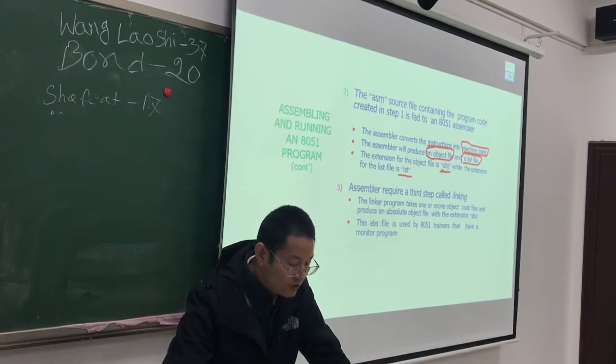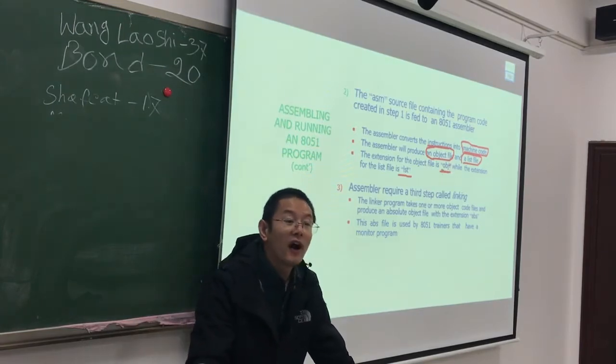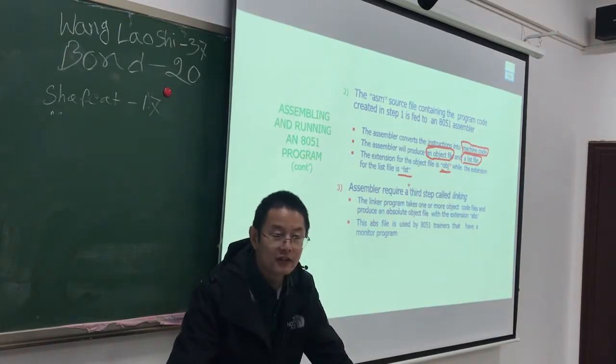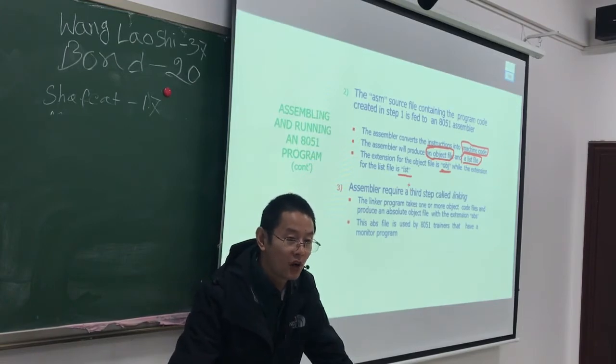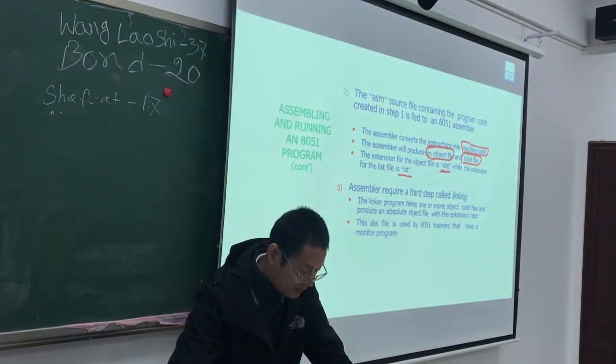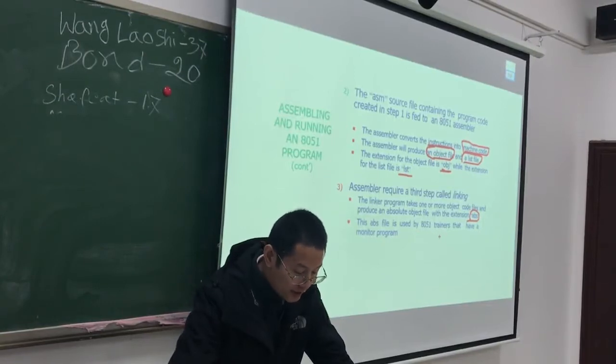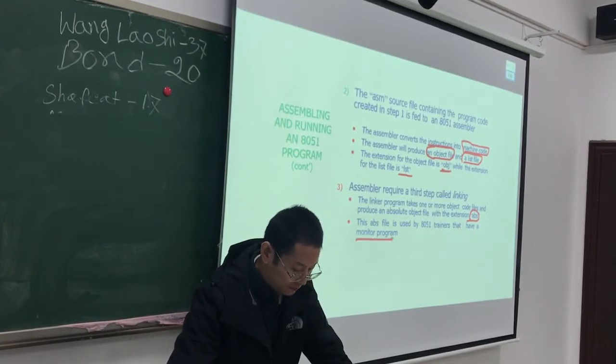The OBJ file is a binary file, but the list file is text, hex ASCII code. The assembler requires a further step called link. The ABS file is used by the 8051 trainer.